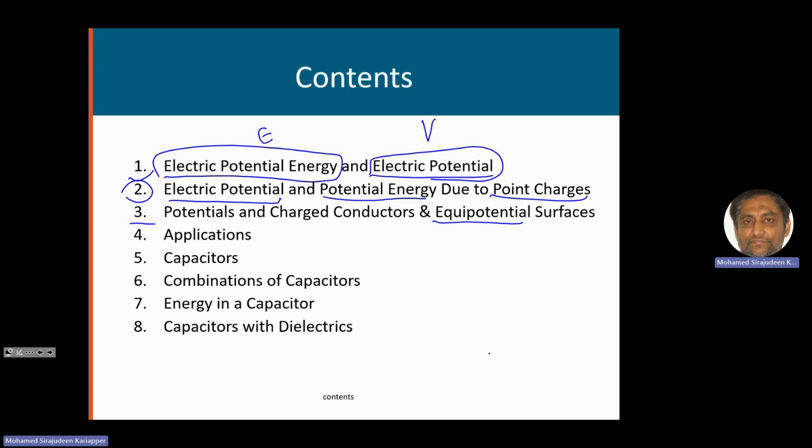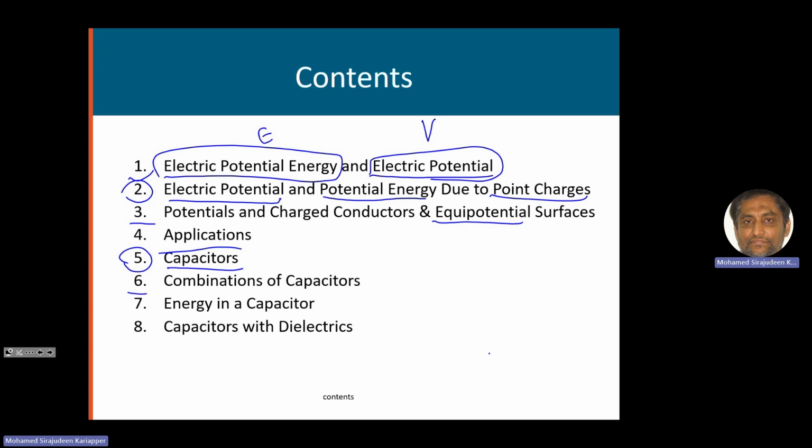So we will see that, we will visualize this potential by drawing surfaces in which we have the same potential. So that is called equipotential surfaces. Number 4, we look at applications of this energy concept that we are learning. Then how we store energy. We store energy, electrical energy in capacitors, a device called capacitors.